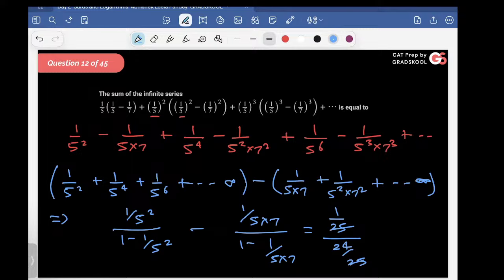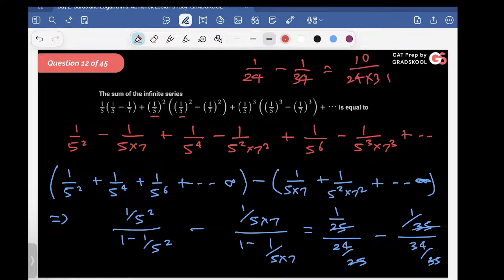These two get cancelled out. 1 upon 35 upon 34 upon 35. These two get cancelled out. And now my life is totally simplified. So I'm getting 1 by 24 minus 1 by 34 as my final answer. So 10 upon 24 into 34 is going to be my final answer.